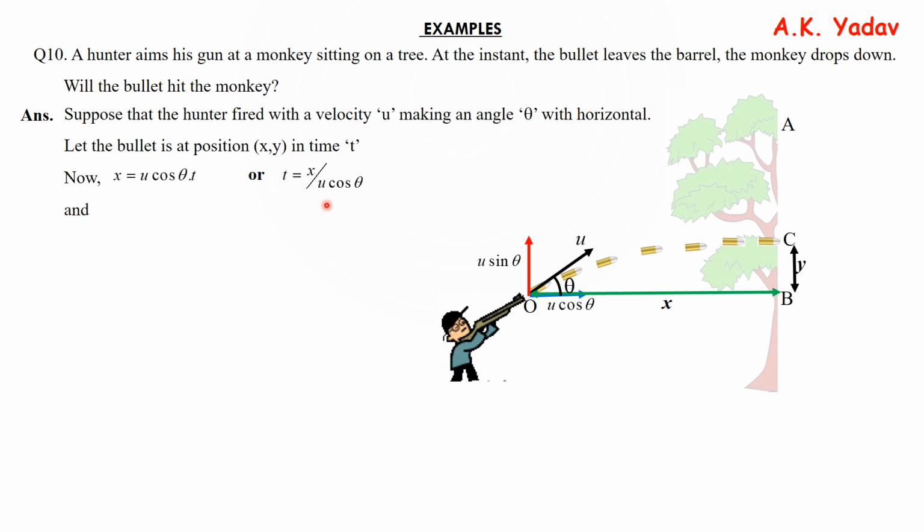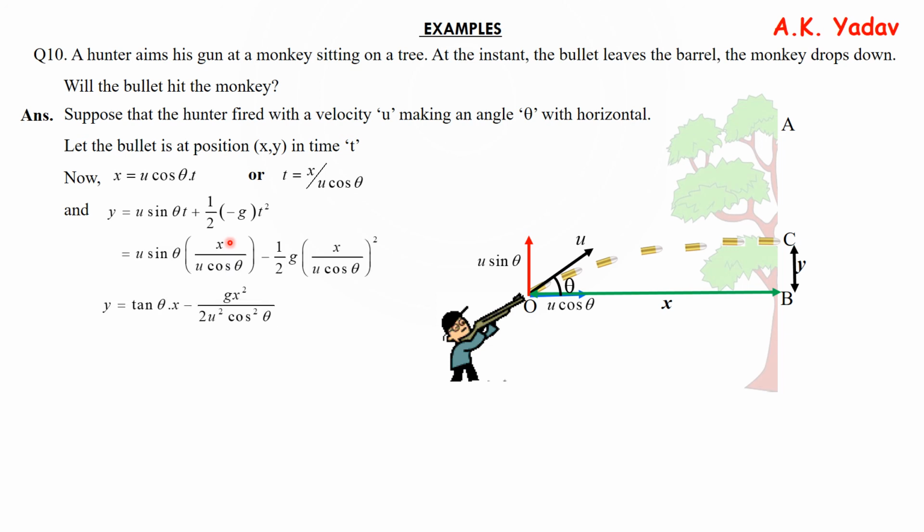And for vertical motion, we can write y is equal to u sine theta t minus half g t square. Let us put the value of t. On solving, we get y is equal to tan theta x minus g x square upon 2u square cos square theta.